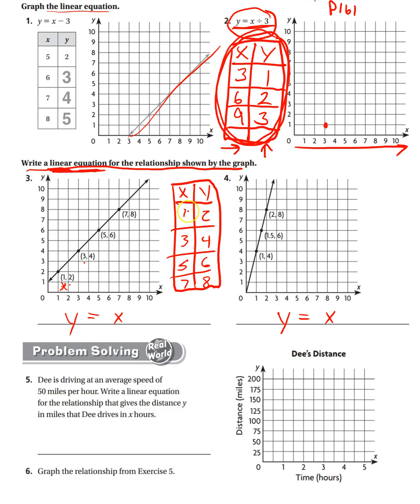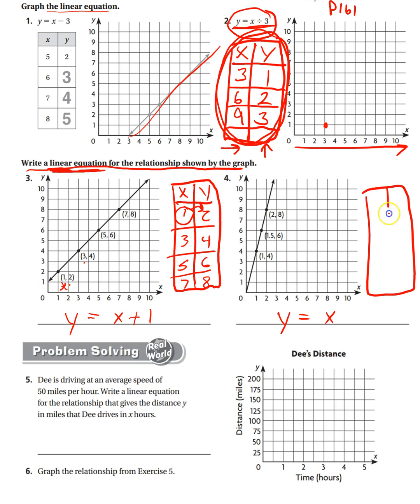We just have to ask ourselves, what are they doing to x to get it to y? Well, I can do 1 plus 1. I can do x plus 1 to get 2. Will 3 plus 1 give me 4? Yes. 5 plus 1 give me 6? Yes. 7 plus 1 give me 8? Yes. So each time I'm taking x and I'm adding 1. There's my equation.